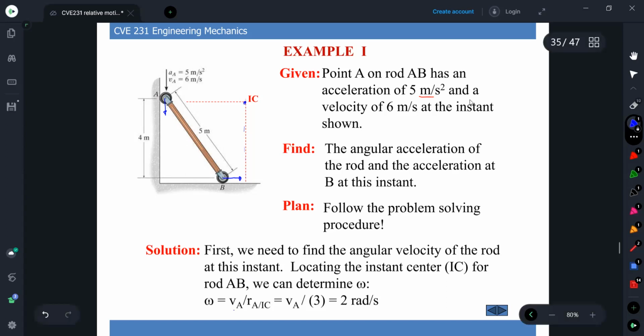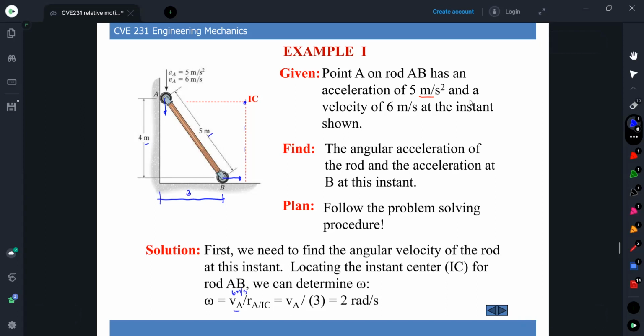Omega of rod AB is equal to VA, which we already know from the problem is 6 meters per second, divided by A sub IC, which is equal to 3, because of the relationship of this triangle.